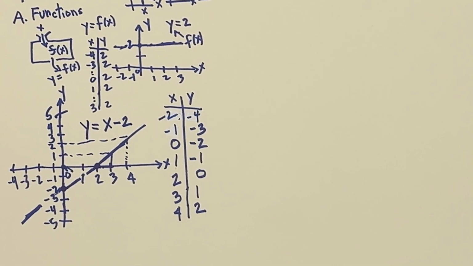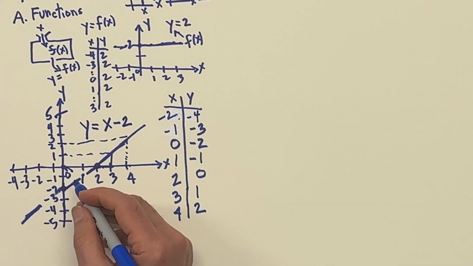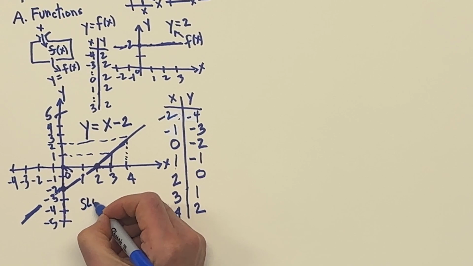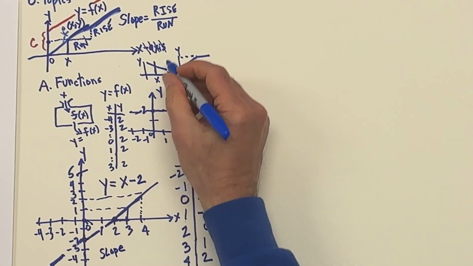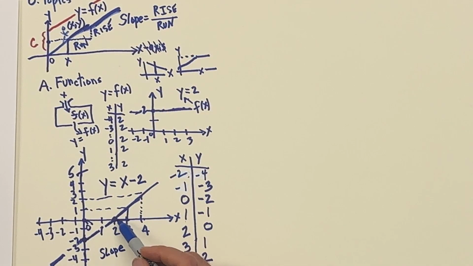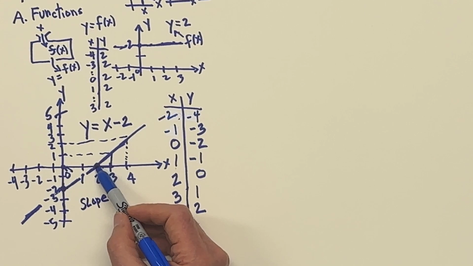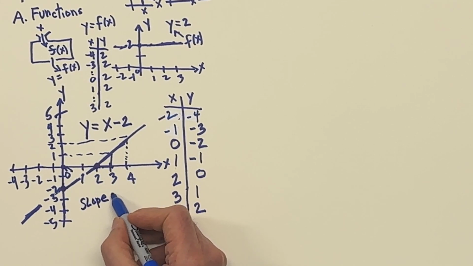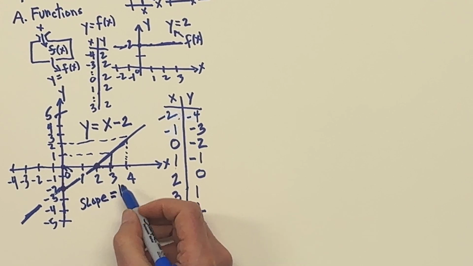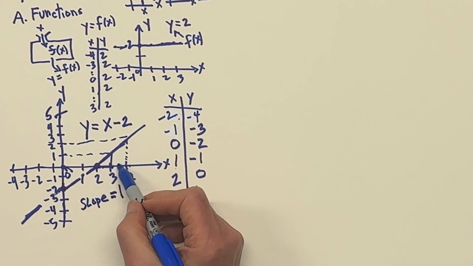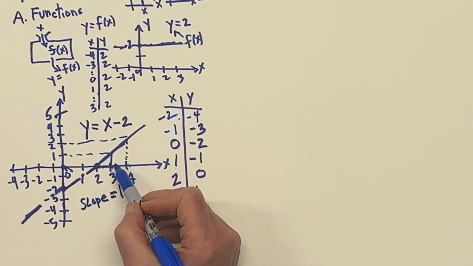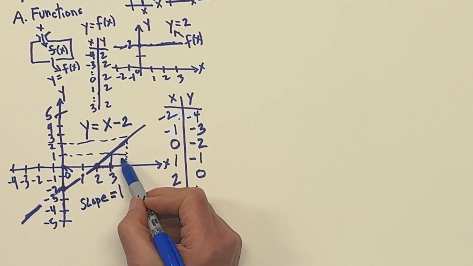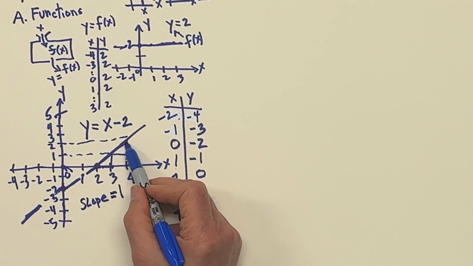So the definition of our slope, remember, is the rise over the run. So here, whenever you run out by 1, you go up 1. So in other words, the slope is 1 over 1. It's just 1. If I go from 3 to 4, that's 1 unit of run. If I run out here 1 unit, I go up 1 unit. See?